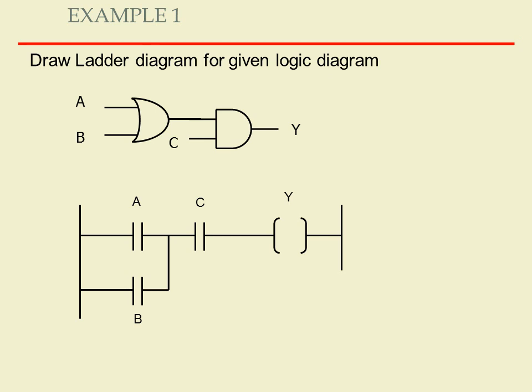So A and B in parallel will form an OR gate, and its output is connected to C, and it forms the AND gate. Its output of the OR gate and the other input C are in series. As we know, an AND gate is represented by series switches in a ladder diagram.